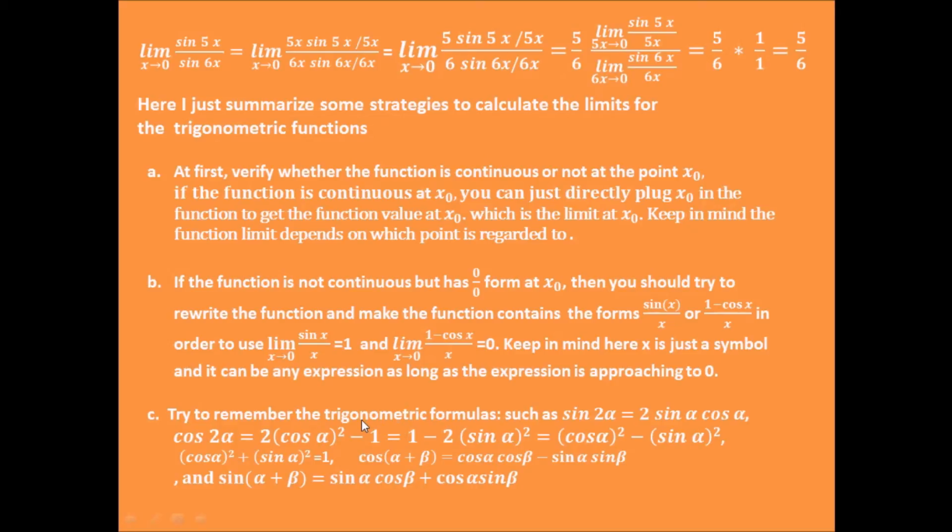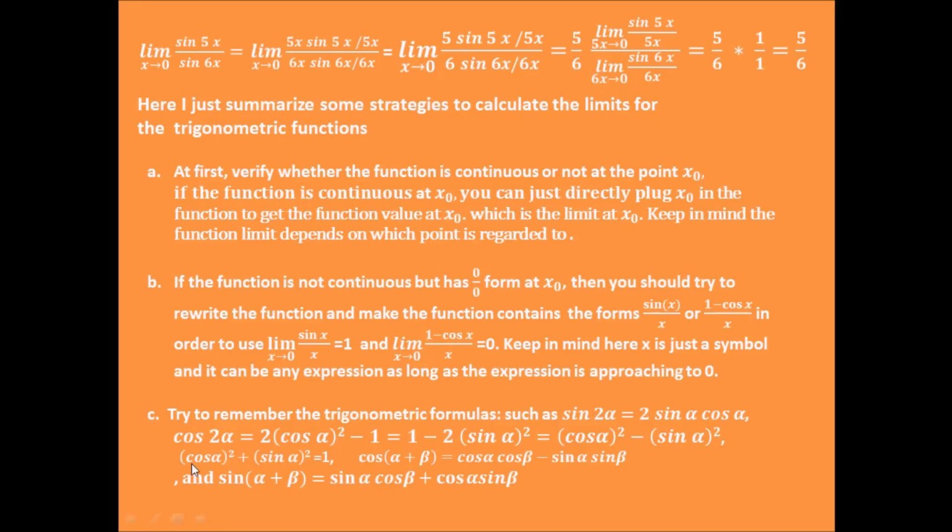Also, you should try to remember some trigonometric formulas such as sine 2 alpha equals 2 times sine alpha times cosine alpha. Cosine 2 alpha equals 2 times cosine alpha squared minus 1, equals 1 minus 2 times sine alpha squared, equals cosine alpha squared minus sine alpha squared.